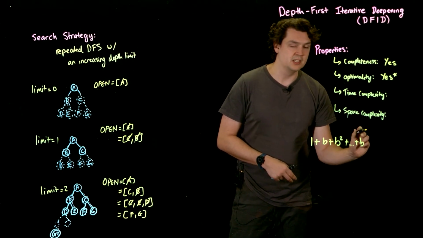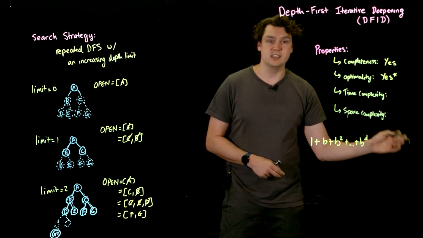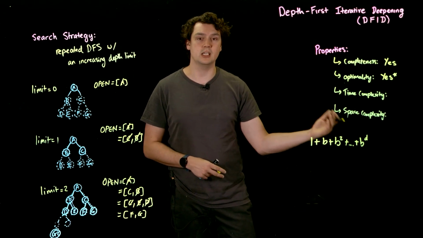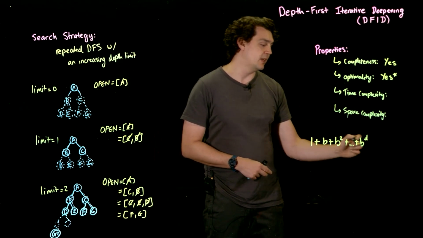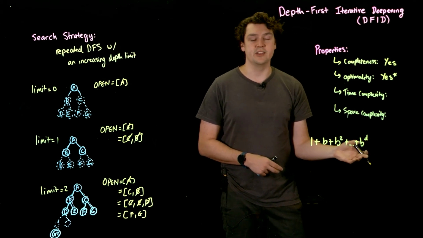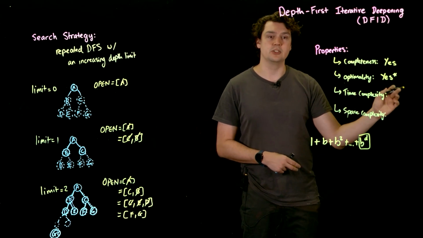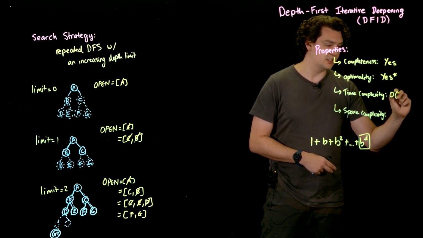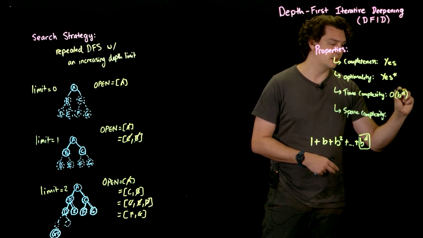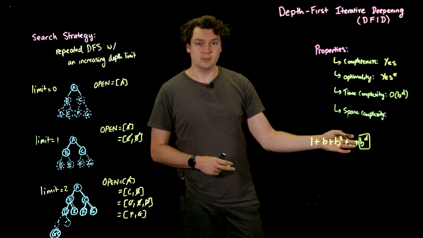Well, of course, the very last depth limit that you will reach is d, the depth of the solution itself, the shallowest goal node. Similarly to how we've done in the past, if we look at this sum of polynomials, it's the last term that dominates, and so the time complexity is just O of b to the d. And so then we go back to space complexity.